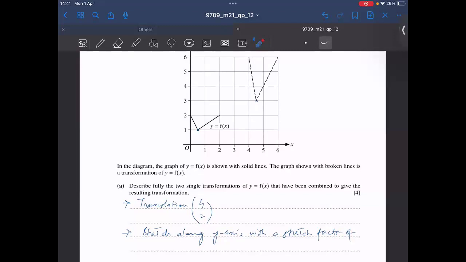Iman, it's going to be 3. No, it's going to be 2. But 2 or 3.